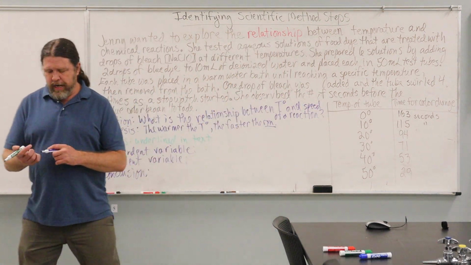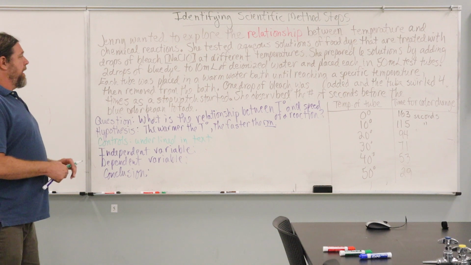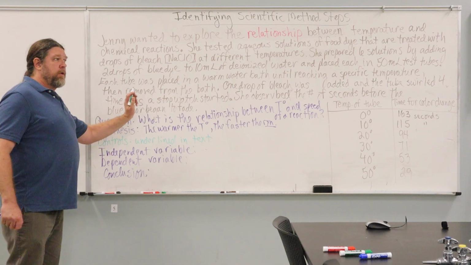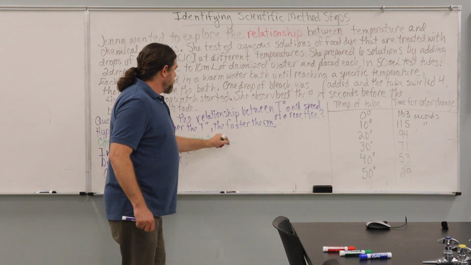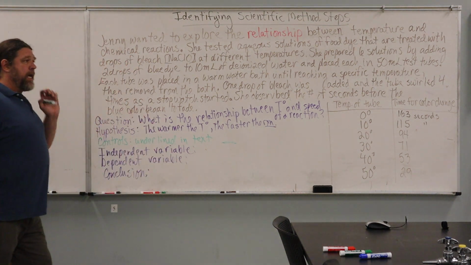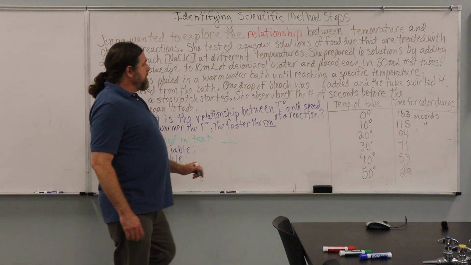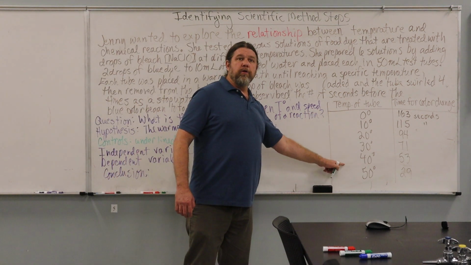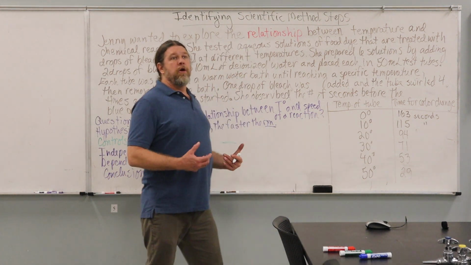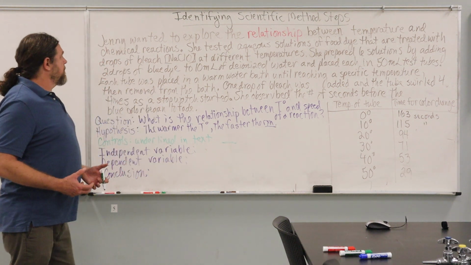Well, what I decided to do was simply underline in green the elements in the text that represent the way that all of these test tubes, these are our 6 trials, were kept the same for it to be fair.